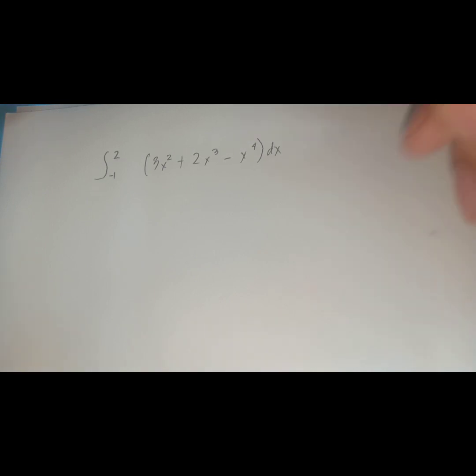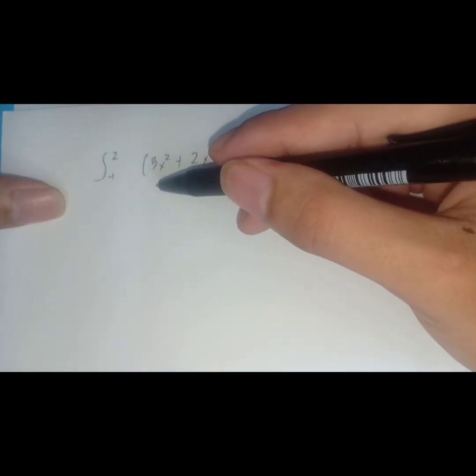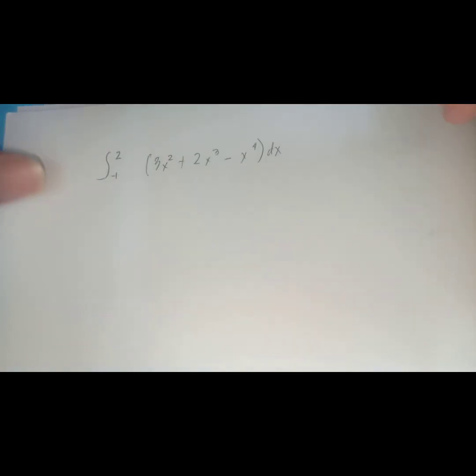First we're just going to find the antiderivative of 3x squared plus 2x cubed minus x raised to the power of 4.